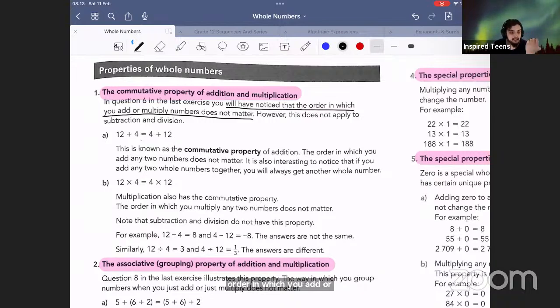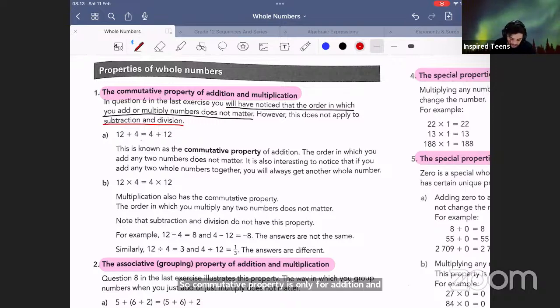That is the key understanding of the commutative property. However, importantly, this does not apply to subtraction and division. So the commutative property is only for addition and multiplication.